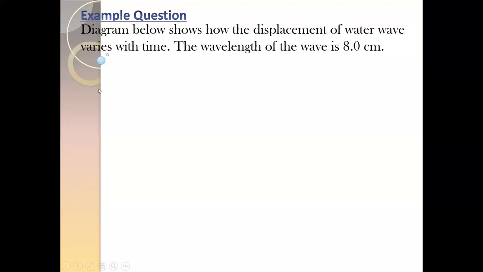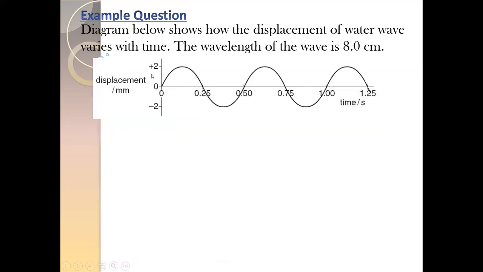So this is an example question. The diagram shows how the displacement of a water wave varies with time. The wavelength of the water wave is 8 centimeter and the time interval is also given. State the amplitude. So what is the amplitude of this water wave?